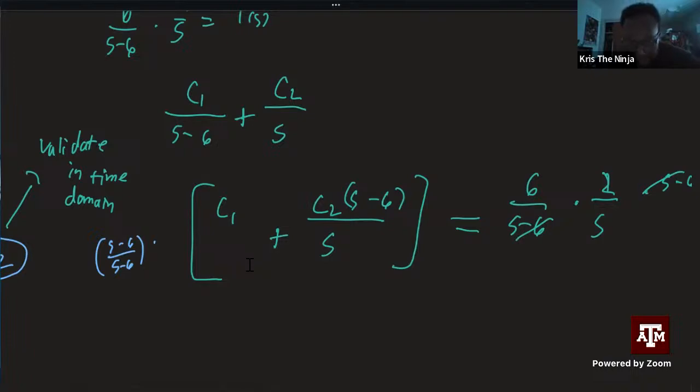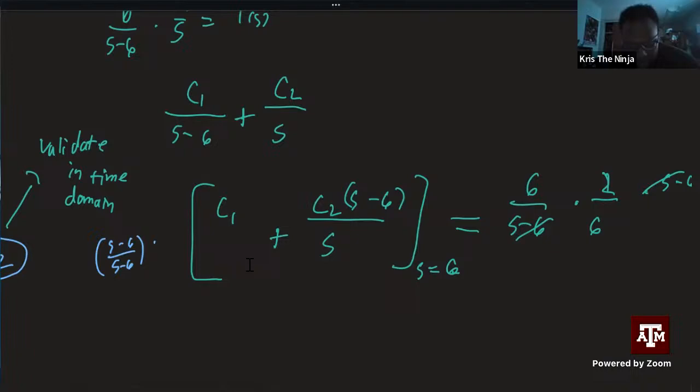And we'll solve this at S equals 6. At the top, the C2 term goes to 0 over 6, and we have 2 over 6 here.